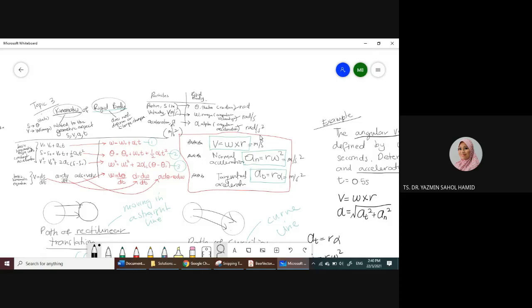Velocity is r times omega, right? Yes, correct. But you cannot use the omega from question A. You have to find a new omega based on the theta given. So that's why you use formula number 3. See? Yes.